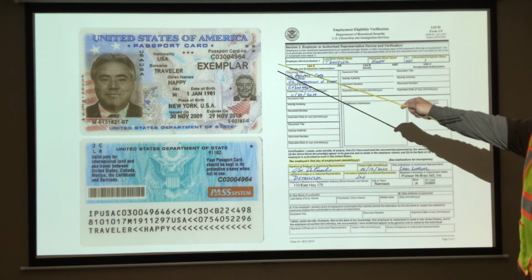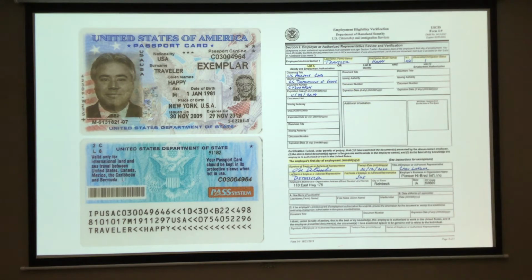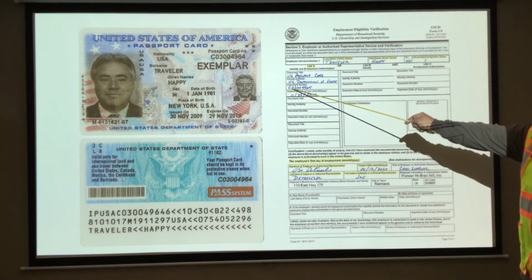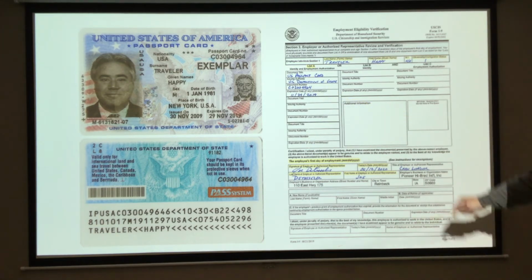Find the document number, upper right-hand side. If it's a U.S. passport card, it will have a C in front. Put that document number there, an expiration date, and then move on down to where your personal information is. Again, skip employee's first day of employment, fill out, the I-9 administrator is going to fill out their information right there.